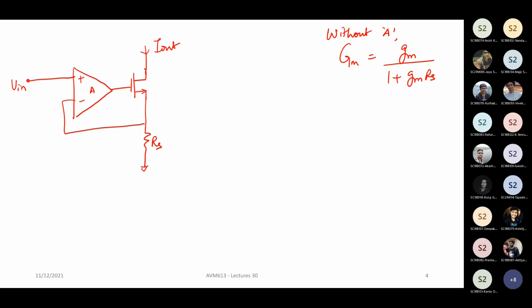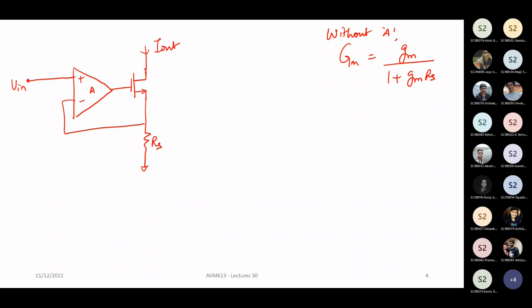This is the transconductance you would get in the absence of this regulated transistor, or super transistor, or gain boosted transistor. We already saw this when we talked about the source degenerated system.